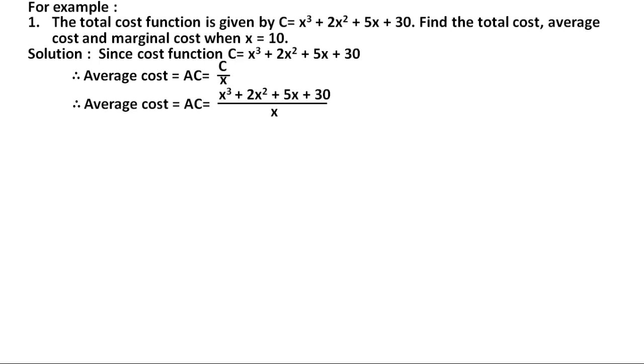Now, next we find marginal cost. Marginal cost MC means you have to find the derivative of cost function. That is, MC is equal to dC upon dx.